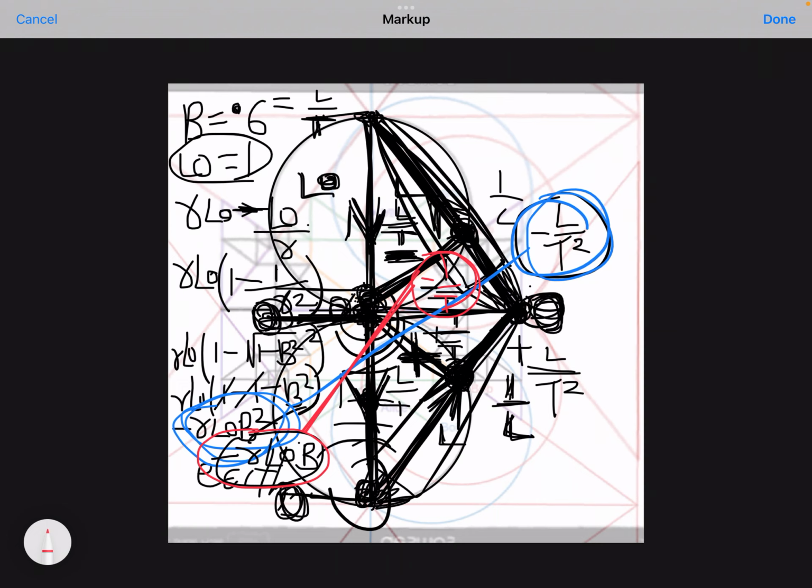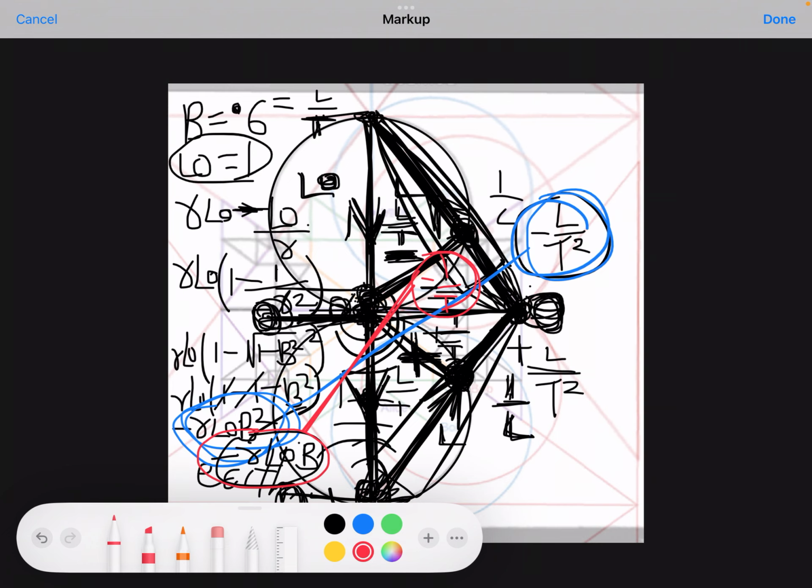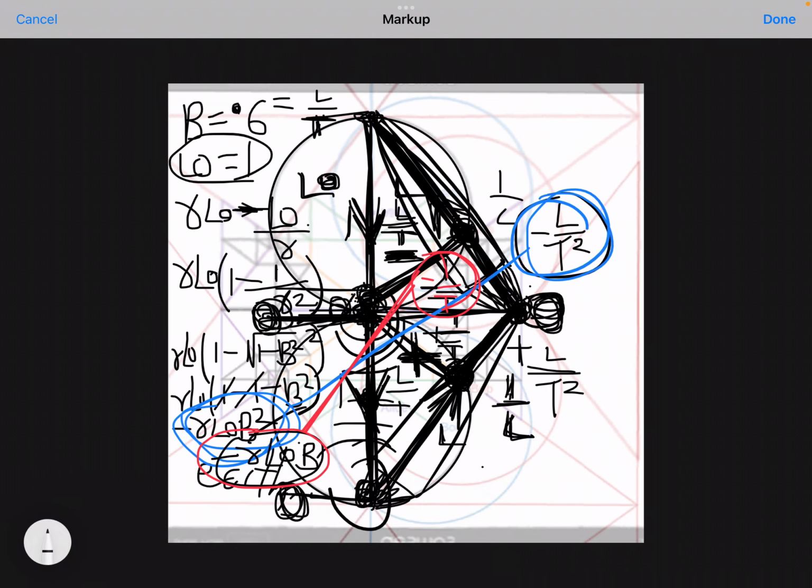But what's the difference in the time according to Alice? We know that because of time dilation, you're going to have to divide that by gamma. So let's divide that by gamma, which basically just cancels out the gamma. So you end up with just negative L0b, and the L0 is 1, so you just end up with negative b, and that calculation is actually just negative L over t.